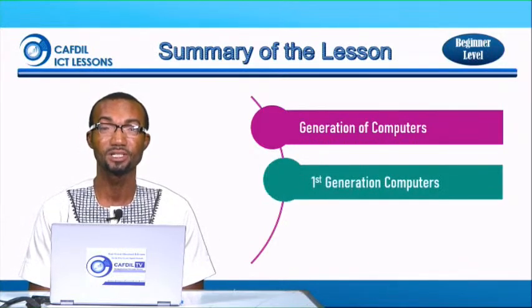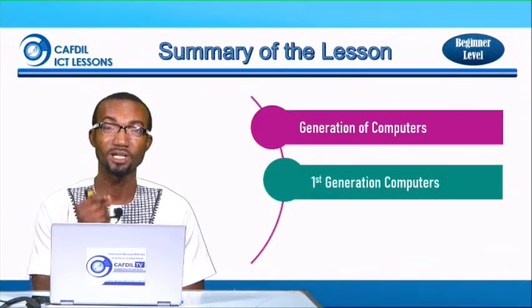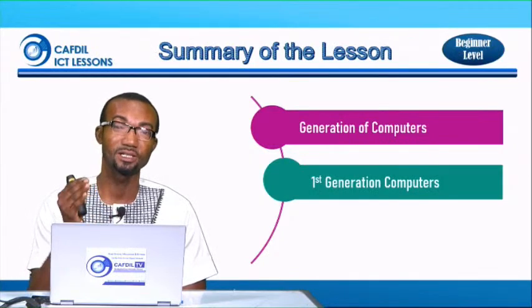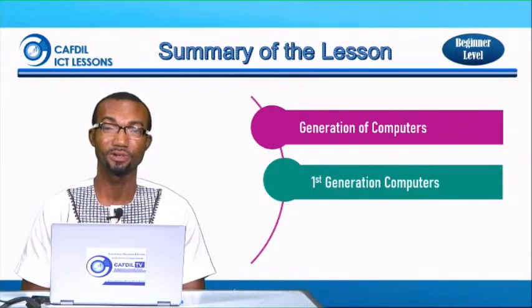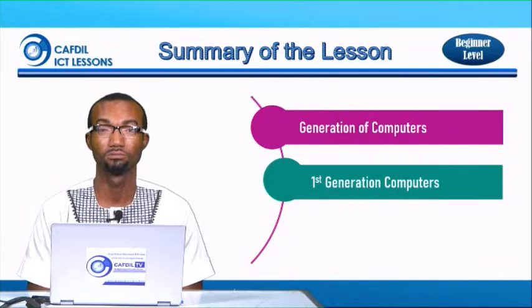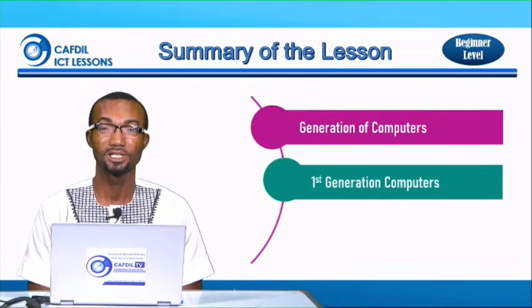With the first generation, we said that the number one key feature is that they used vacuum tubes. First generation computers used vacuum tubes. So you see the first generation started around 1945, and you see that computers that we see today came long time ago, even before some people were born.